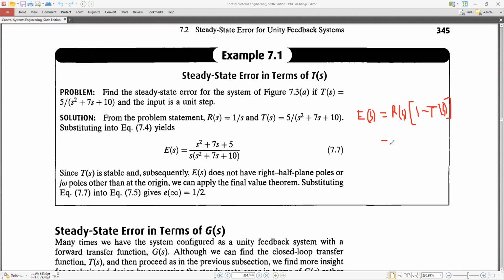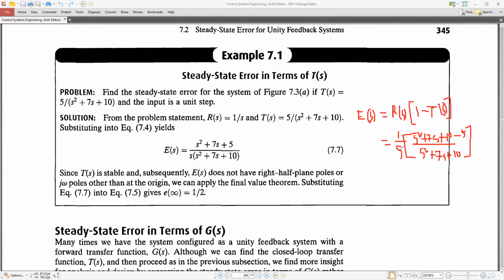We have the value of R(s), which is 1 over s, and 1 minus T(s) is 1 minus 5 over s square plus 7s plus 10, so s square plus 7s plus 10 minus 5.